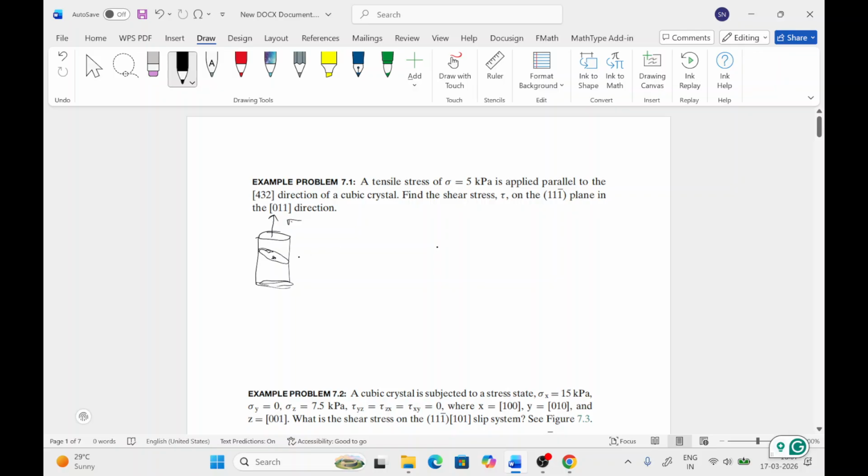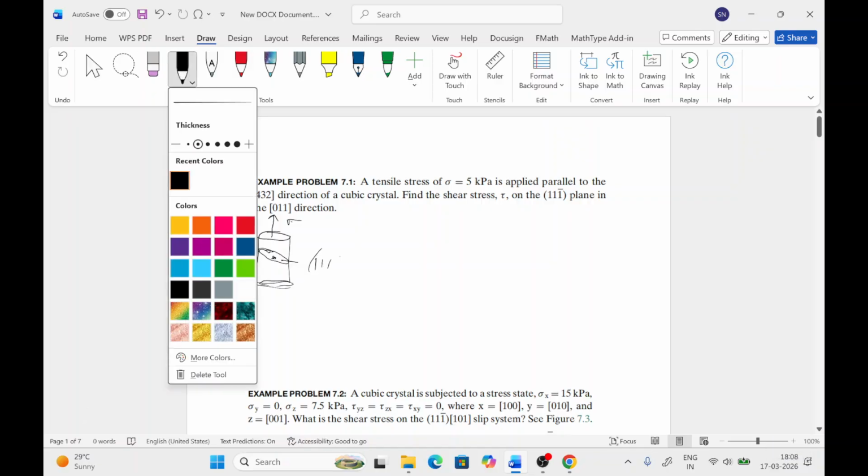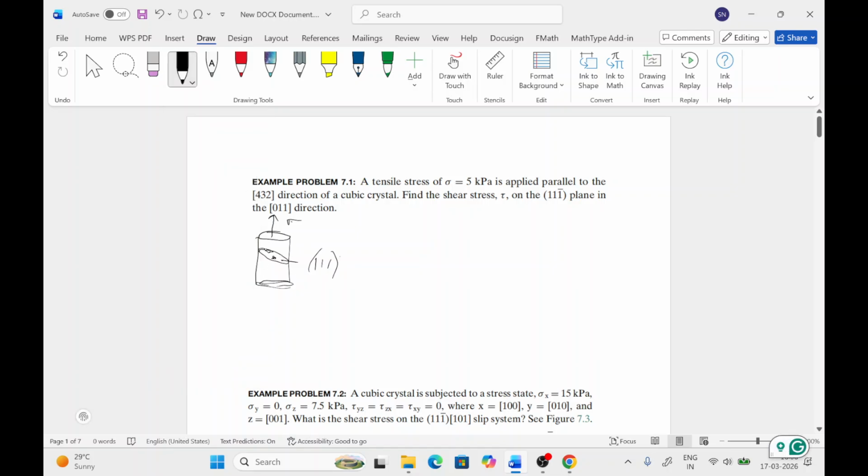So we know that a crystallographic plane has Miller indices, and the slip direction also. So this is the 111 plane, and we define the slip normal for this plane.